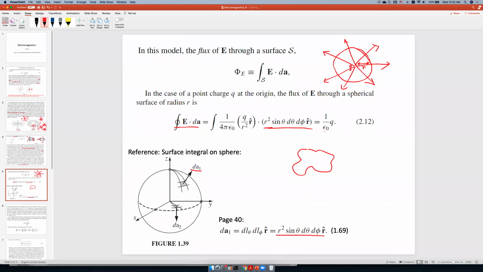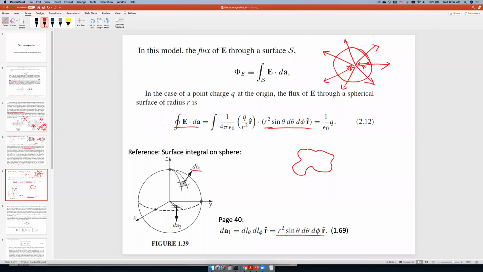Epsilon 0, of course, is a constant of the material. So that means the flux for a surface depends on the charge. For example, if you put Q here, you have some flux. If you put 2Q, then your flux from the surface is doubled. So that's the relationship between flux and charge.